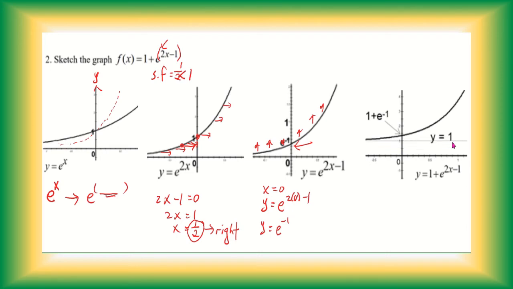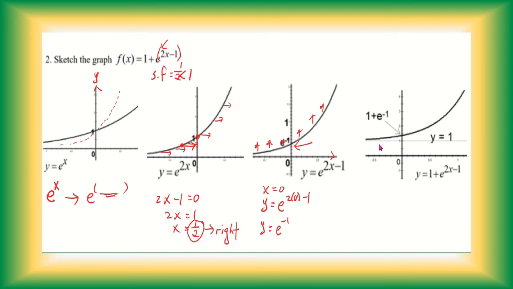This is the horizontal asymptote of the exponential function. Before we shift the whole curve up, the horizontal asymptote coincides with the x-axis, so it is hidden behind the x-axis. When we shift the whole curve 1 unit up, this brings along the horizontal asymptote 1 unit up also.